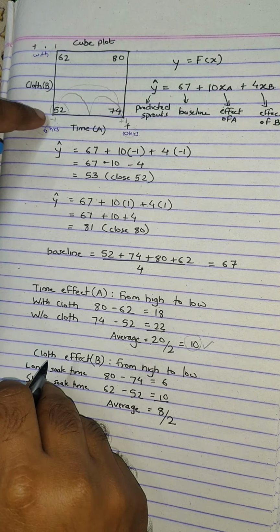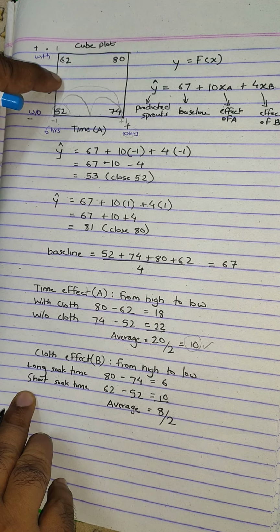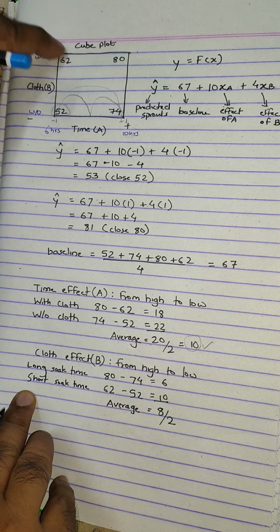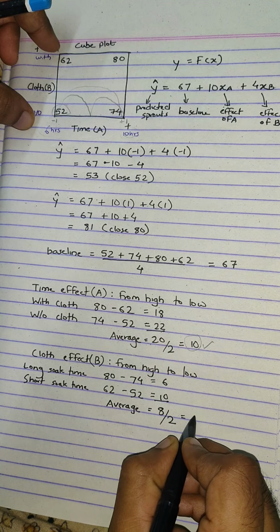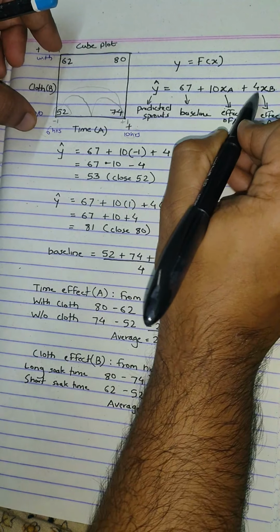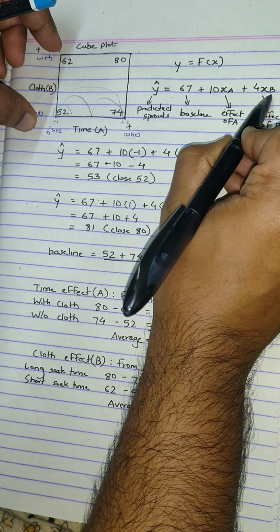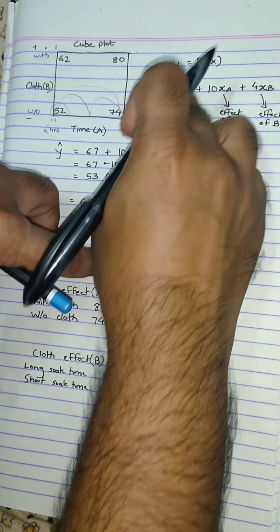Why? Because here also we are jumping 2 units from -1 to 1. -1 to 0 is one step and 0 to 1 is another step. So we divide it by 2 and it comes to 4. We report this value in the equation, so here we can see 4 into xb. I hope you have understood how to make this equation.